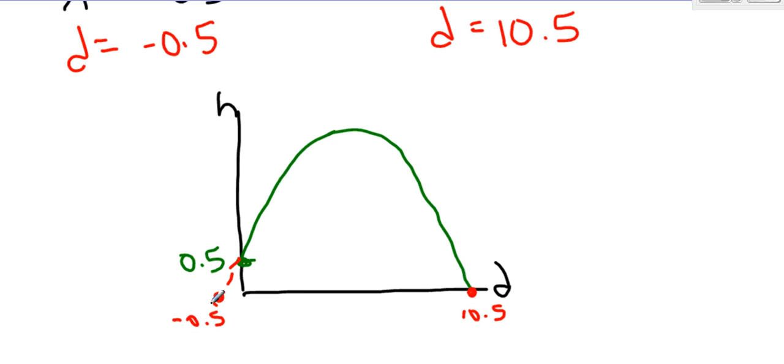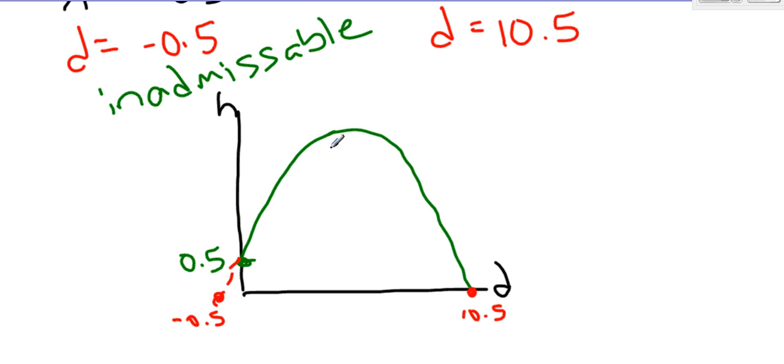But we know that this answer of negative 0.5 is what we call inadmissible. Which means it's not wrong. The math is correct, but we cannot admit that answer as one of our solutions. So it's a good word. You should learn this word when you're doing word problems.